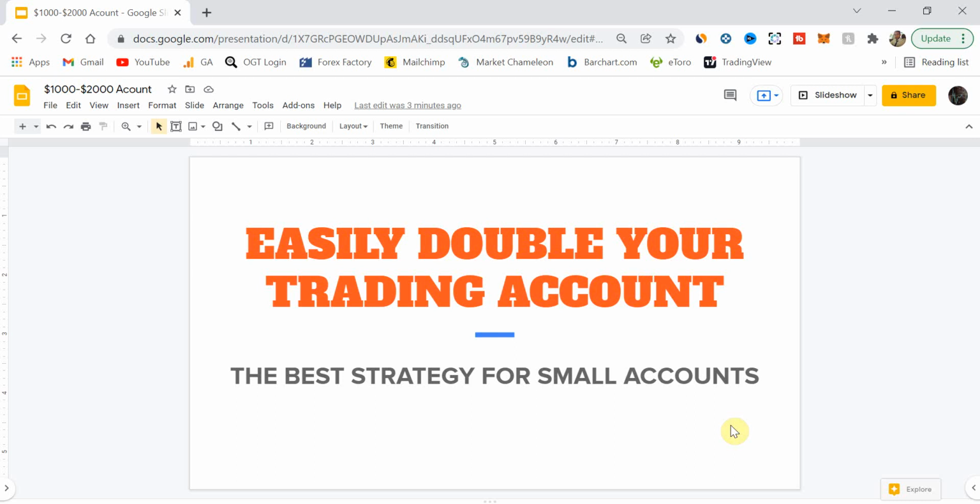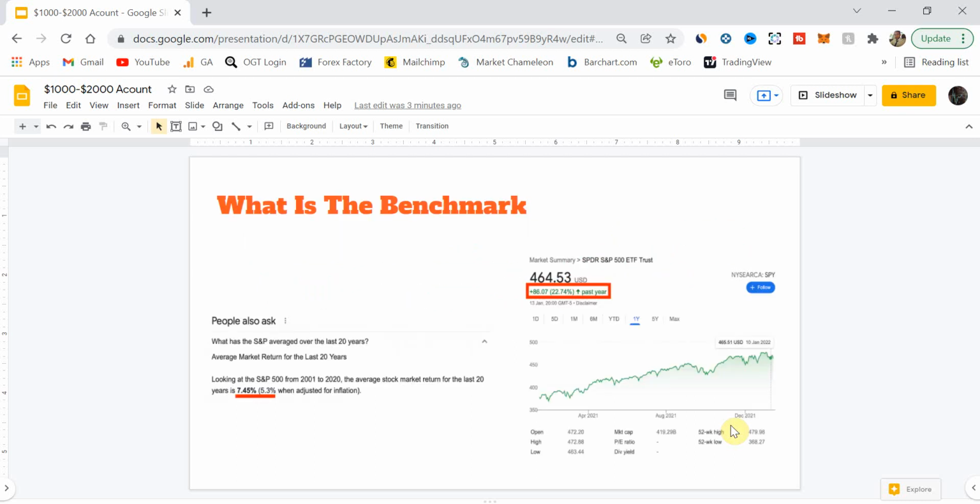So when it comes to trading, at the end of the day, it's all about A, making money, and B, setting yourself a goal. Now, what is the benchmark? When you trade, that means you're actively putting in some sort of effort to make a return. I always look at the S&P 500 as the benchmark.